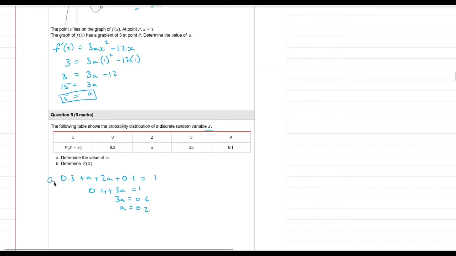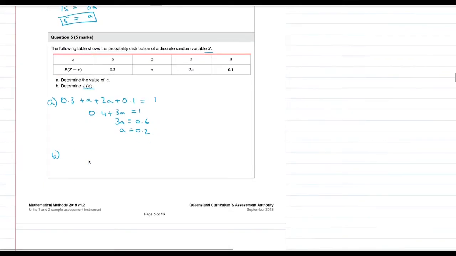So this is a, and for b, we want to determine E of x. We know that the expected value, or E of x, is given by x multiplied by P of x, added up for all of them.